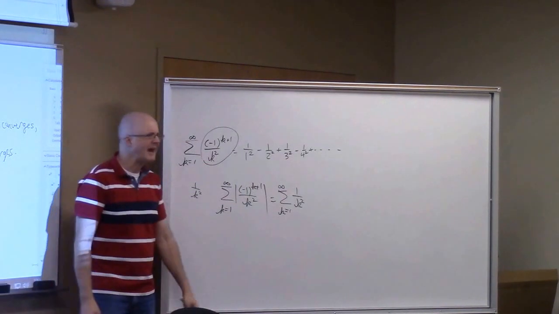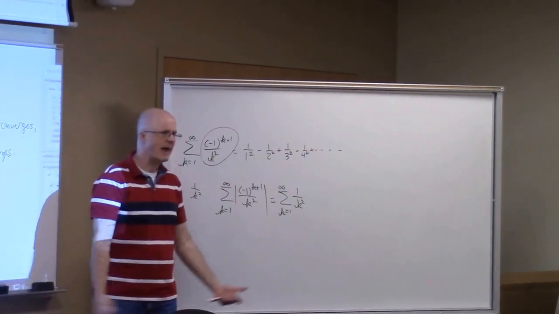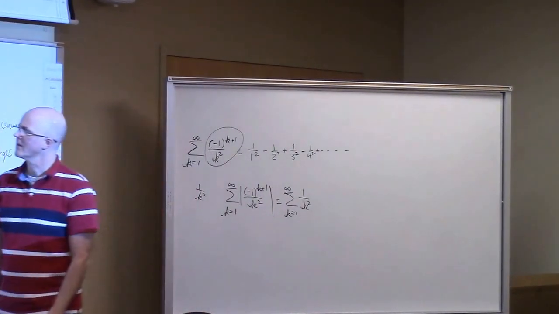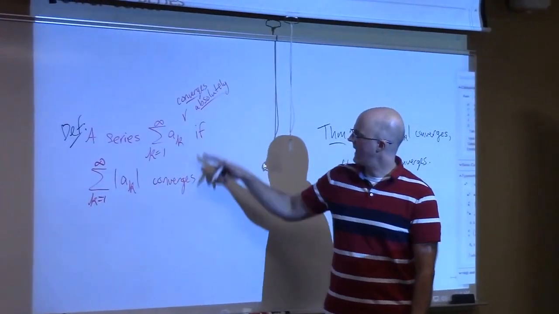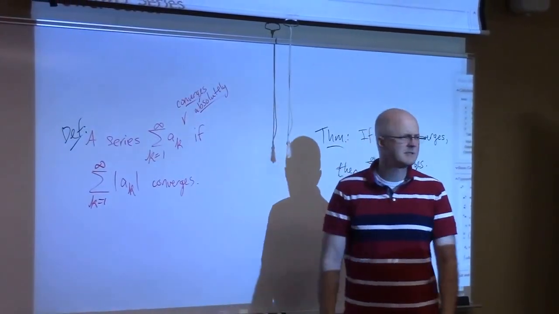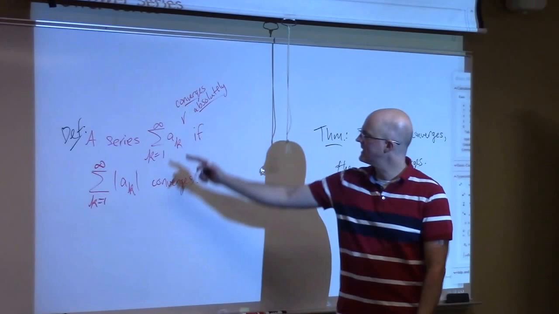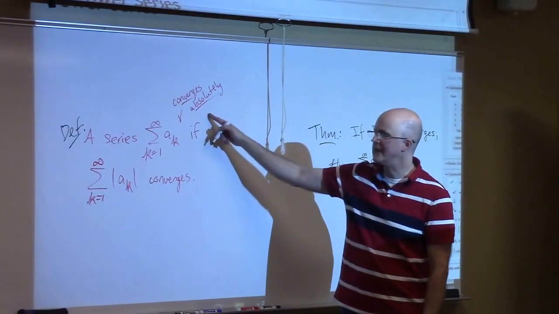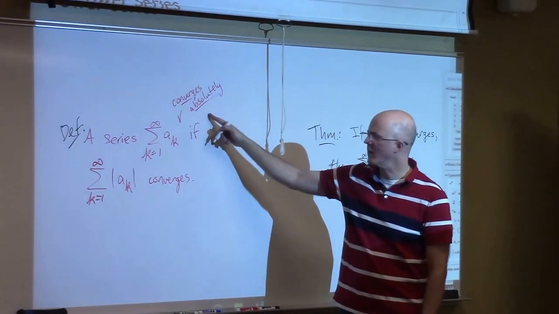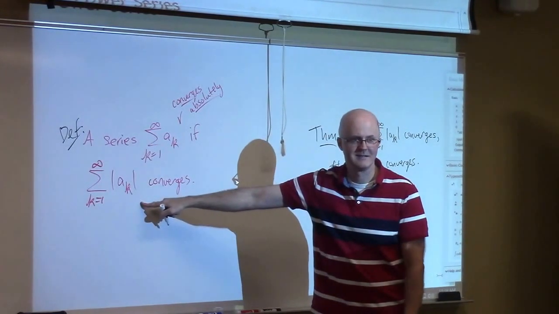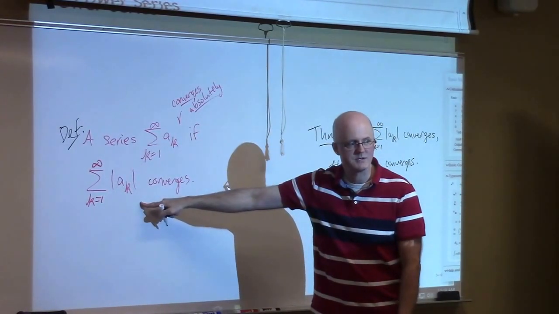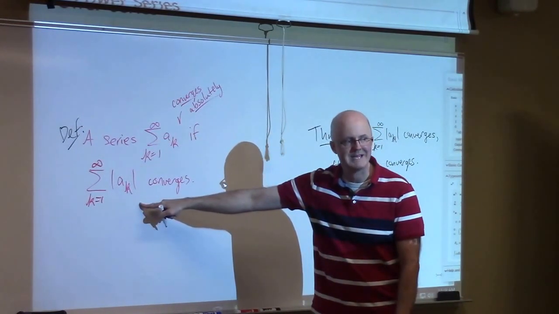Are there examples of non-absolutely convergent series? What would that mean? This converges absolutely. If that converges, I suppose it would make sense to say a series converges non-absolutely if it does converge, but this does not. And that, in fact, is correct. That's what you should say non-absolutely convergent means.